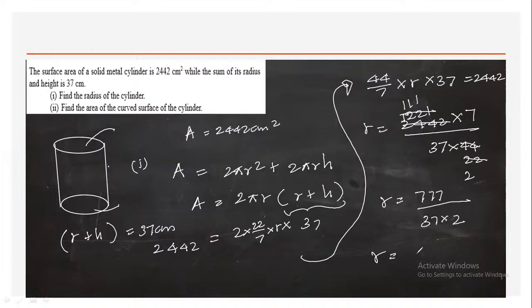It means radius equals 37 into 2 divided by this, 777 divided by 37. That is 777.